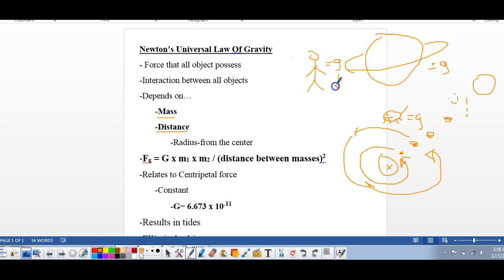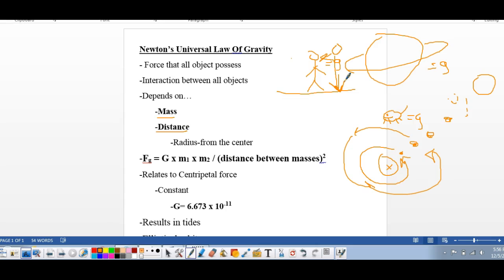It's not very much. The amount it has is just overridden by the fact that this person's on the Earth, and that gravity is so much greater that it overtakes the gravity a person would have and causes that object, if it was a rock, not to be attracted to the person, but to just fall to the ground.